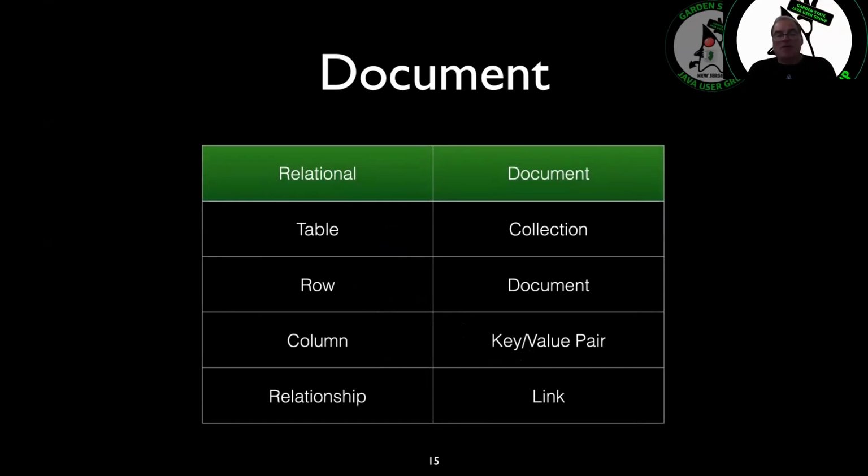The row is the document itself, and then a key value pair is the column itself. And it has this link relationship. To be quite honest, I'm not exactly 100% sure what that really means. I should write that down and try to find that out for you.